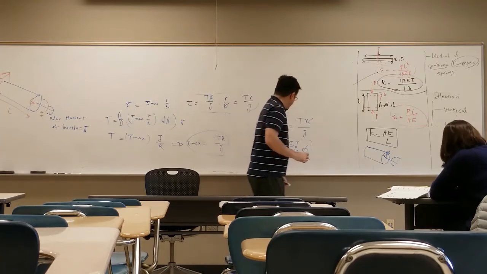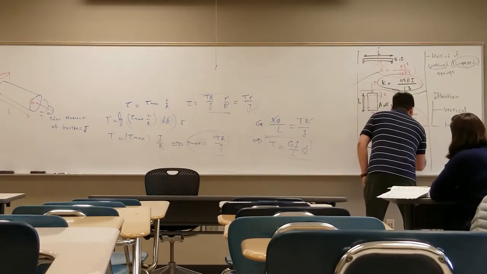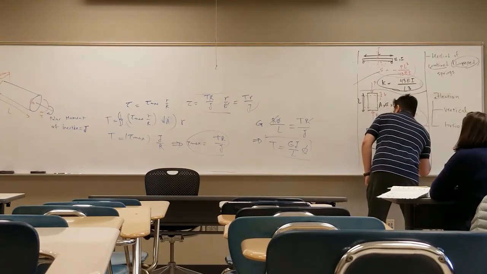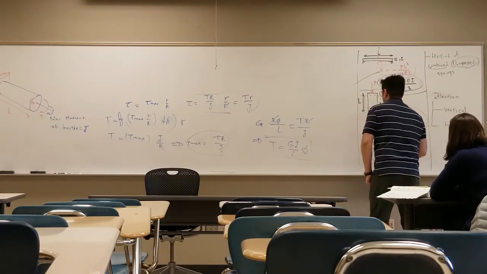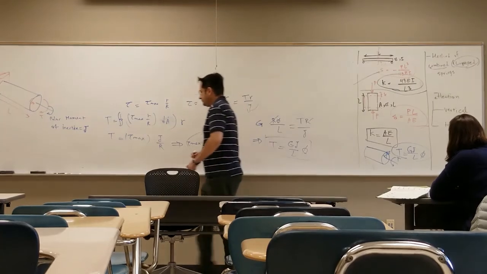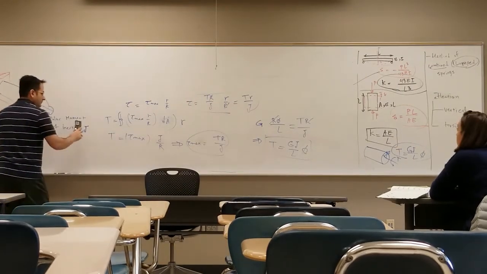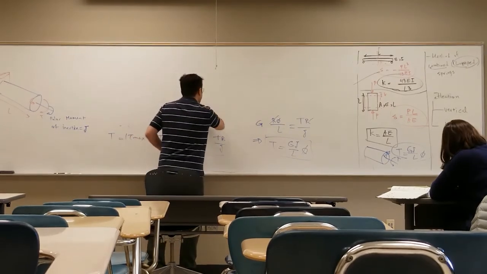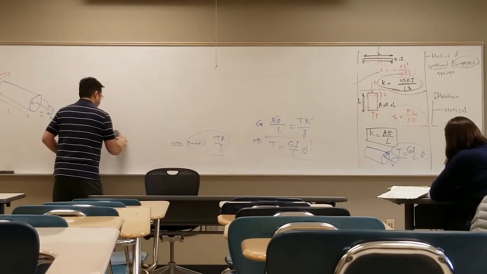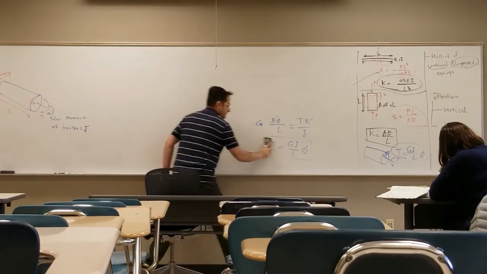So this relation was GJ over L phi is equal to torque. Assuming you already have this piece of material, for torsion we have this relation.